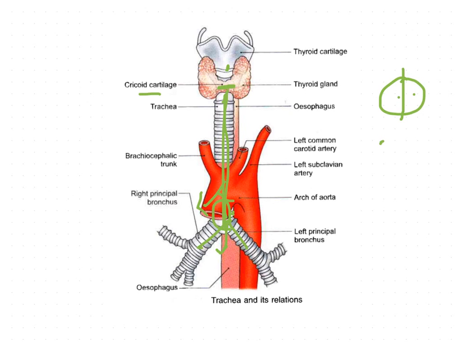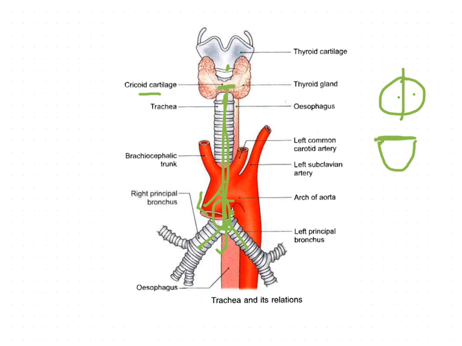Because of that, anteriorly and laterally it has some convexity, whereas posteriorly it is flattened. Okay, this is the shape of the trachea, so anteriorly like this and posteriorly like this.